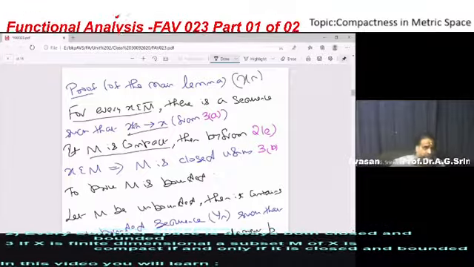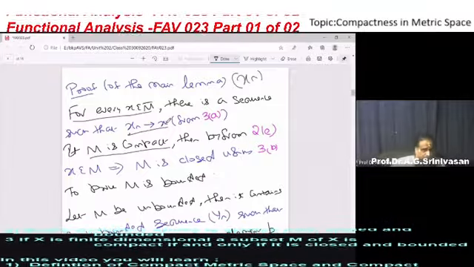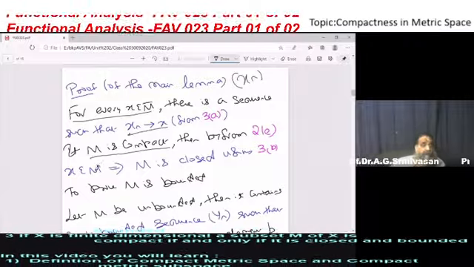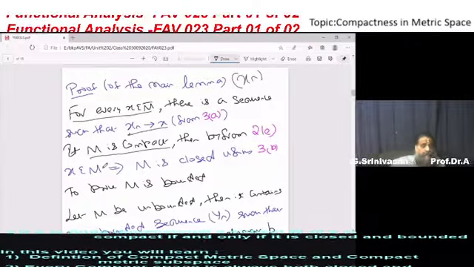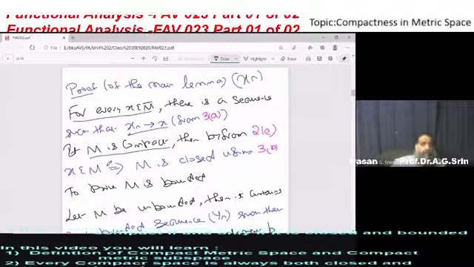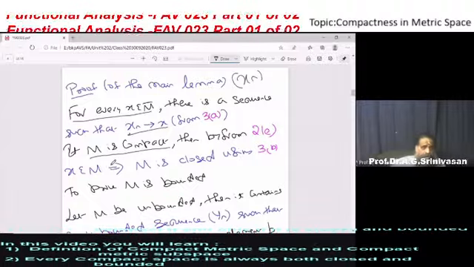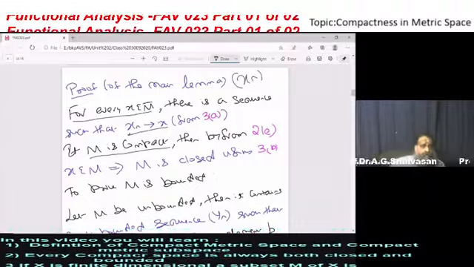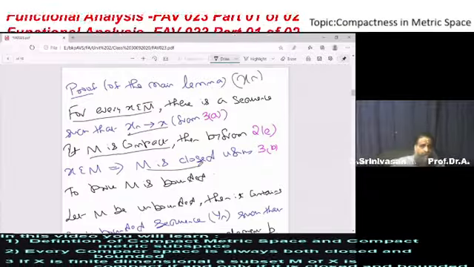But because M is compact, this subsequence converges to a limit, and that limit must be in M as well. So if that limit belongs to M, we proved already in the previous theorems and lemmas that M is closed. So M is compact implies M is closed.